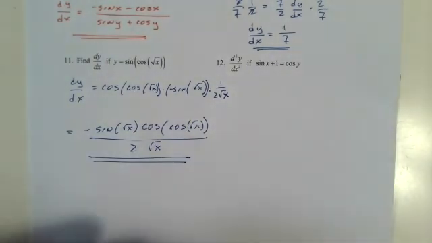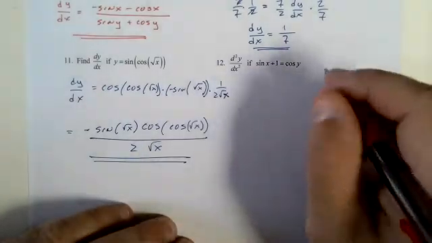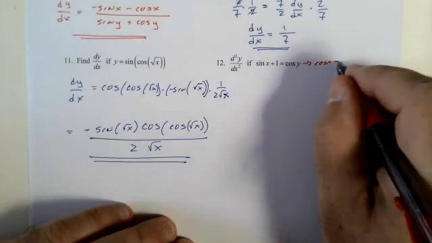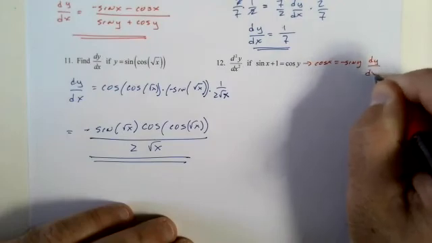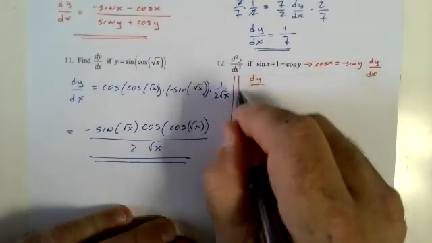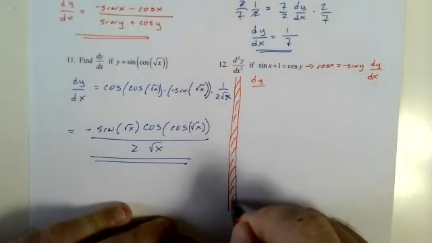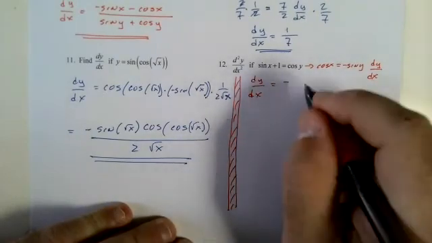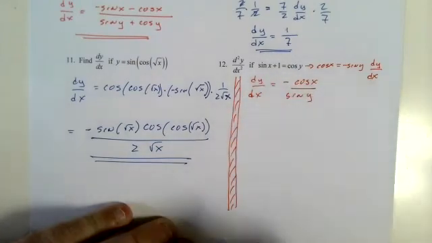All right, second derivative, as we know, can be challenging. Let's see what we got here. Cosine x equals negative sine y dy/dx. dy/dx equals negative cosine x over sine y.